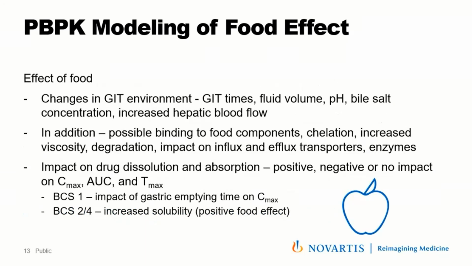All these effects result in positive, negative, or no impact on drug bioavailability and pharmacokinetic parameters. In general, we could expect an impact of delayed gastric emptying on Cmax of a BCS class 1 drug. Also, for low-soluble molecules, we could expect increased solubility due to the effect of bile salts and changes in volume of fluid.